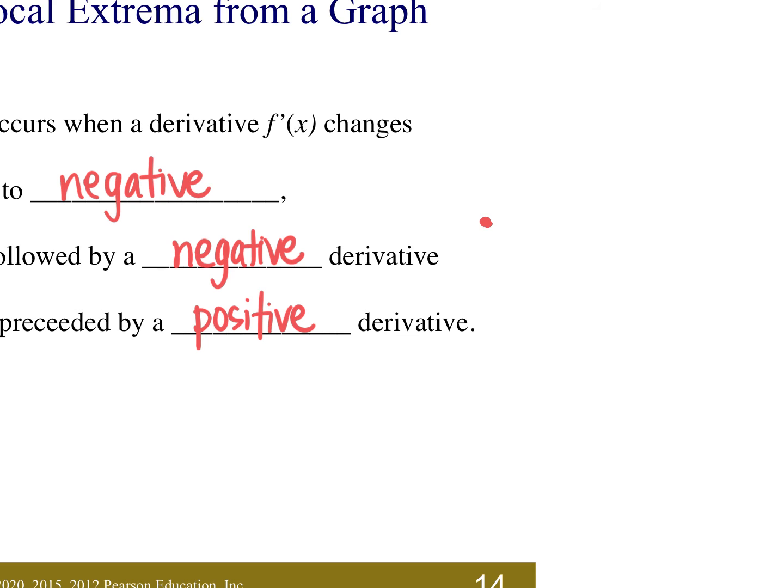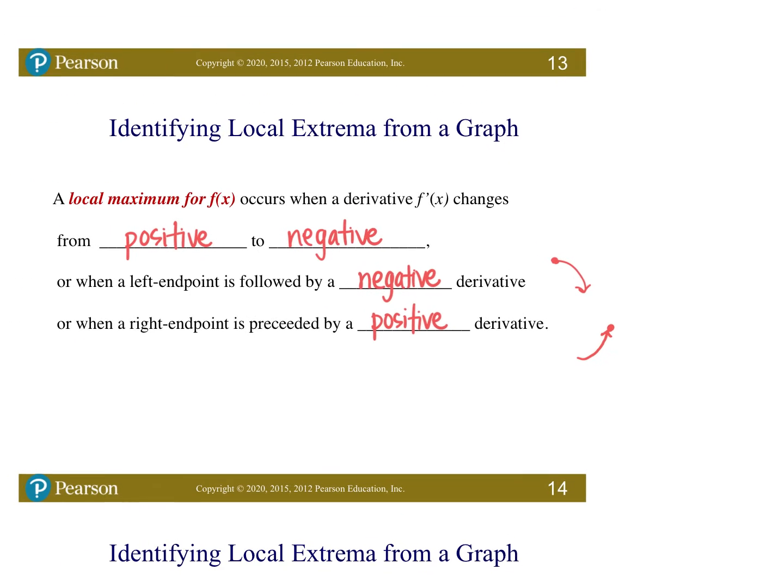So a negative derivative means I'm going in what direction? Down. Doesn't that look like a max to you? Okay, a left endpoint followed by negative derivative, or a right endpoint preceded, that means coming towards it, with a positive derivative. That is also a max. So those are 2 other ways you can have a max.